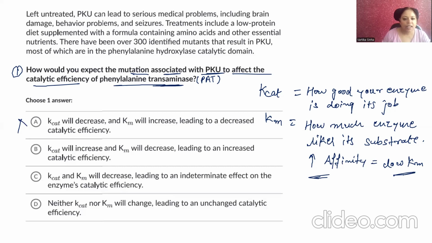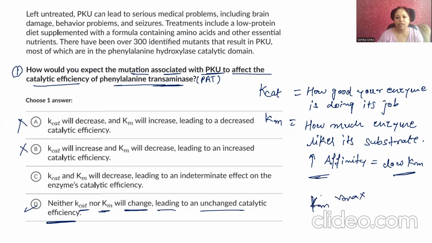Next. Kcat will increase and Km will decrease, leading to an increased catalytic efficiency. Will this happen? Well, I don't think so, because the Kcat and Km will not change, leading to an unchanged catalytic efficiency, because they both are intrinsic properties of the enzyme. Recall that. Some students might ask that we have seen the change in the value of Km and Vmax when there's talk about inhibition, right? Like competitive inhibition, non-competitive inhibition, mixed inhibition, uncompetitive inhibition.